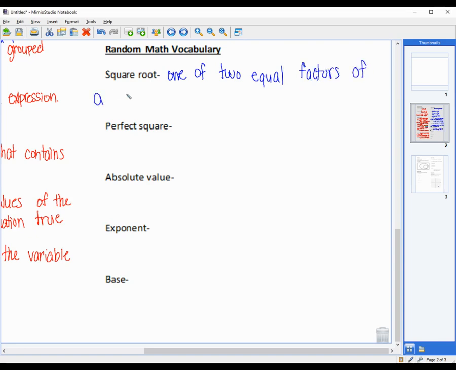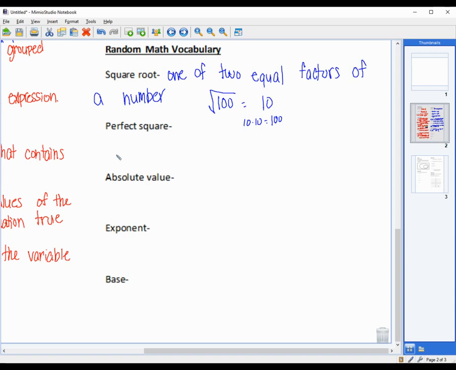Okay, so an example, square root looks like this, right? So if we were to take the square root of 100, that would be 10, right? Because 10 times 10 is equal to 100, okay? So this is just one of the 2 equal factors needed to make up the number 100, okay? So that's square root there.